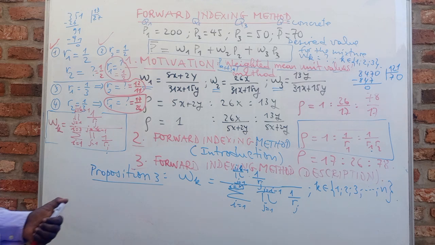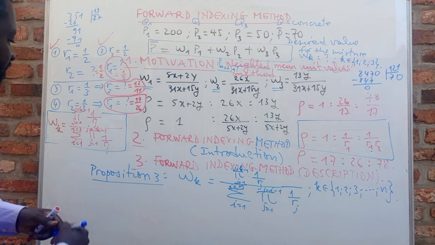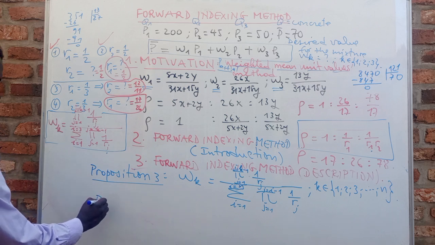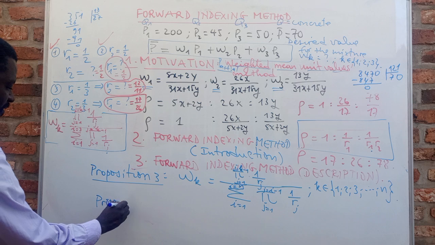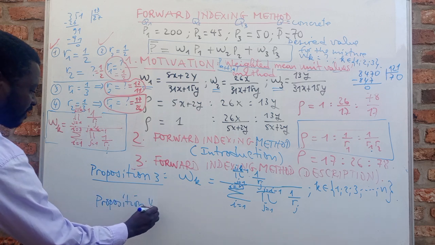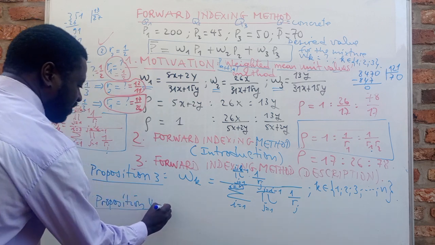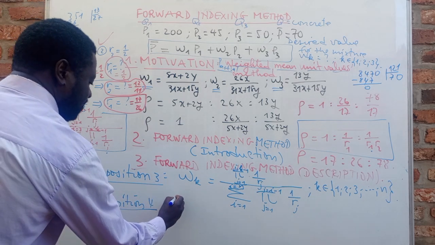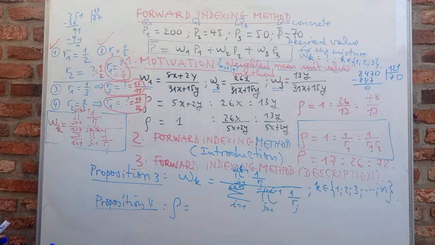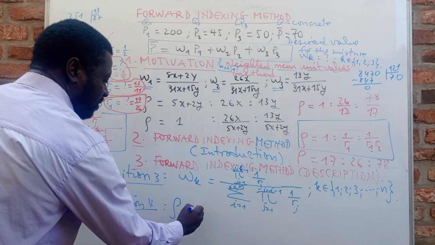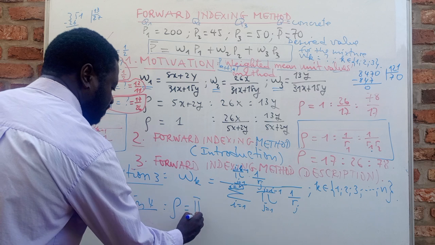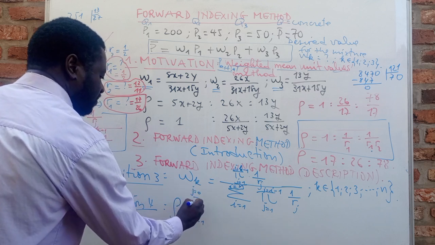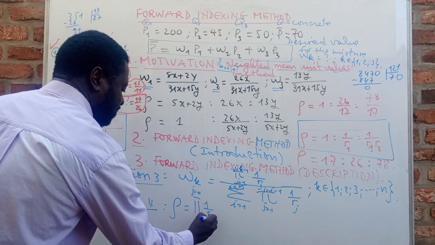Now this brings us to the last proposition, proposition number 4. We are also going to prove this. We have the ratios, and we are going to have a product from j equal to 1 until j equal to 0 of the reciprocal of Rj.